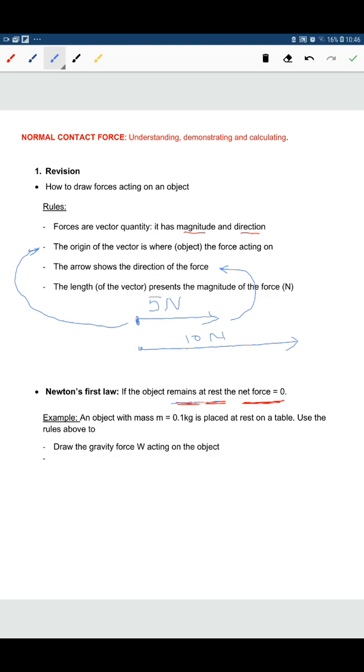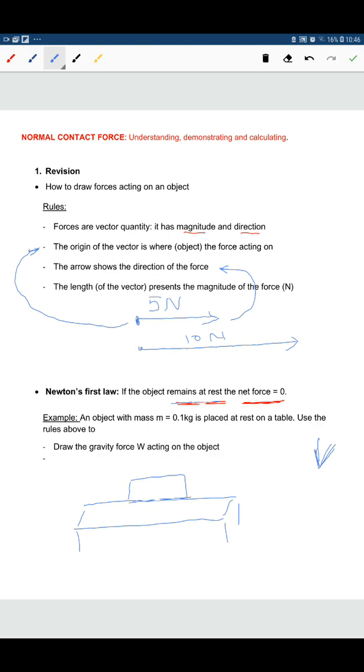If we have a mass or a box staying at rest on a table, use the rules above to draw the gravity force acting on the object. We know gravity force is acting downward, so the vector should go downward.